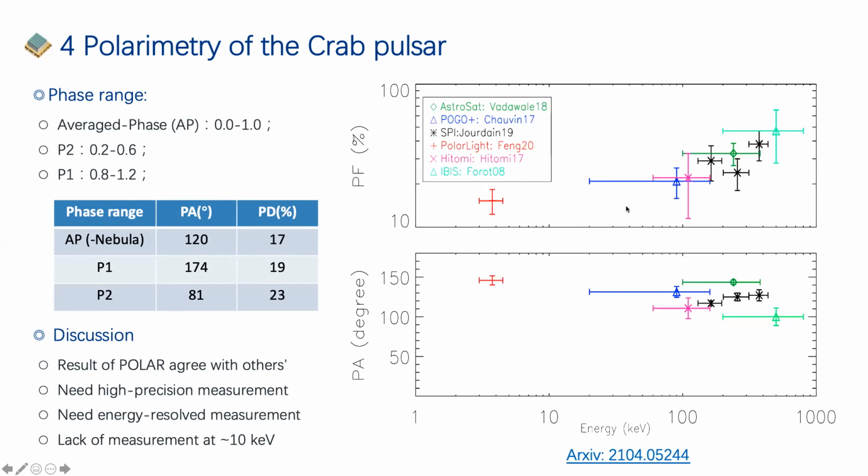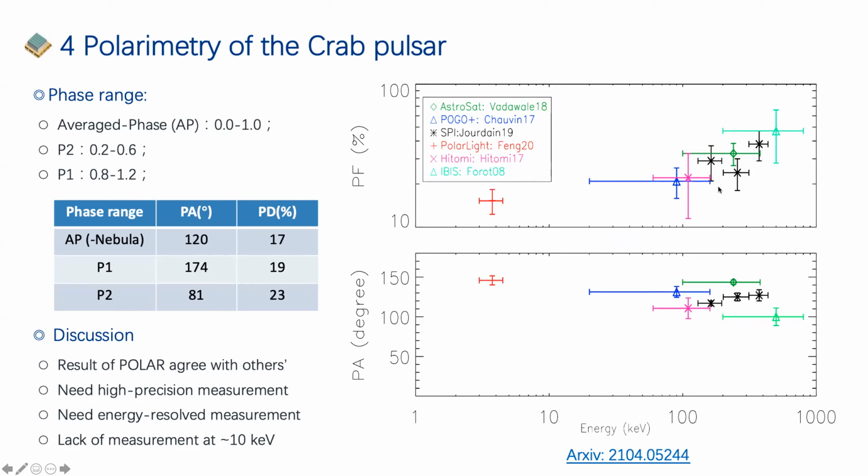The left plot shows the recent polarization measurements on the averaged phase of the Crab Pulsar at high energy band. From the bottom panel, we see the polarization angle quite agrees with each other at different energy bands. But for the polarization degree, there are some puzzles, such as if you look at these points, does the polarization degree increase as a function of energy?